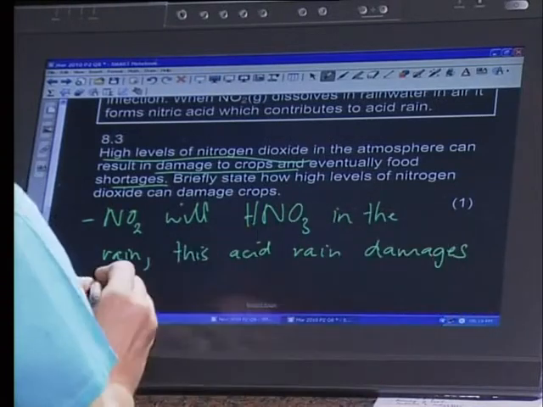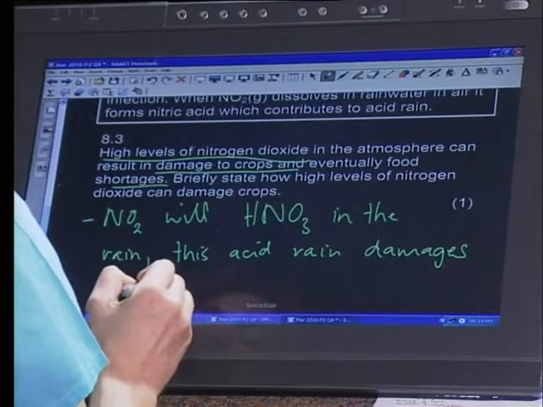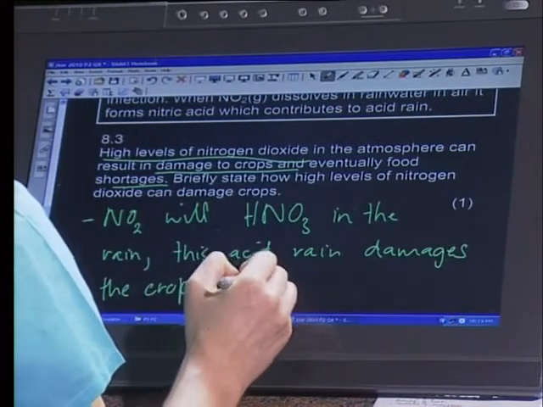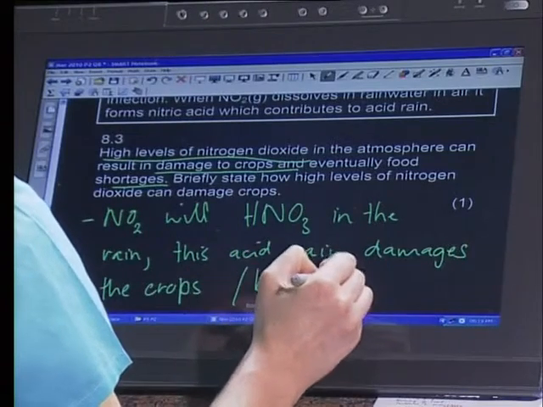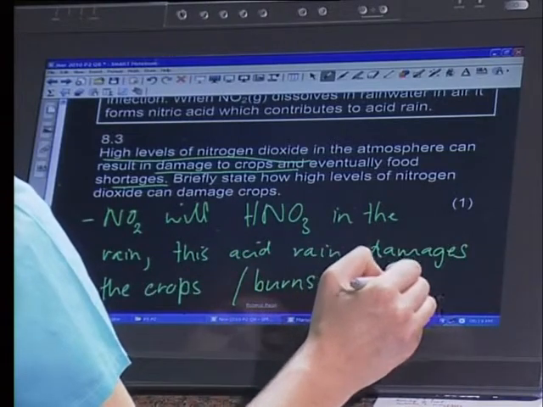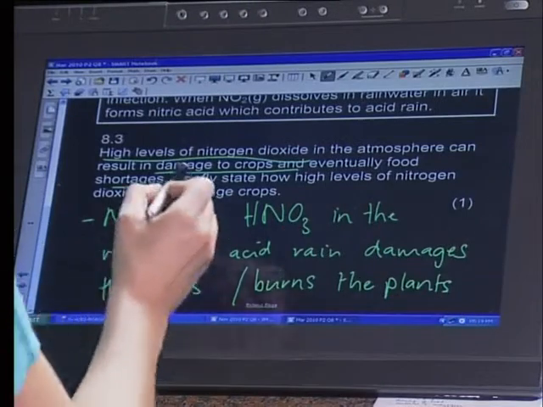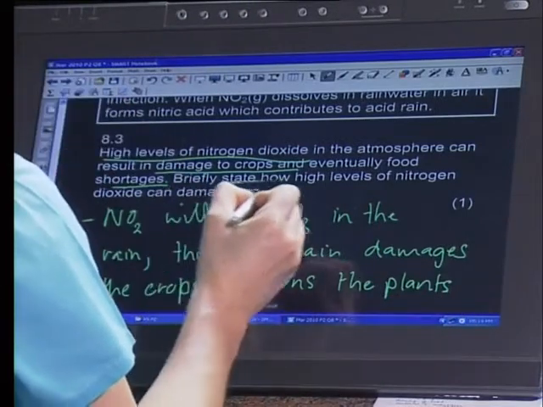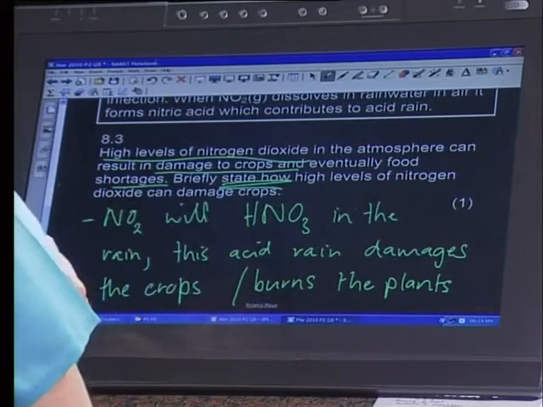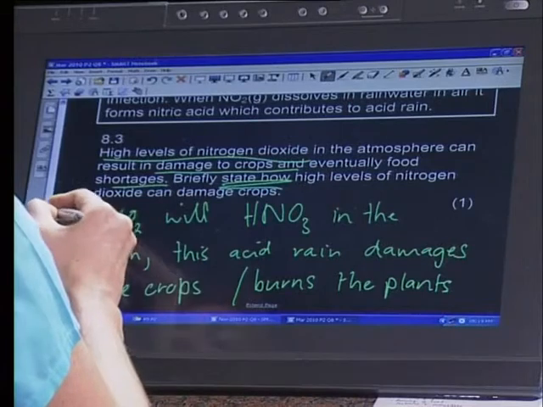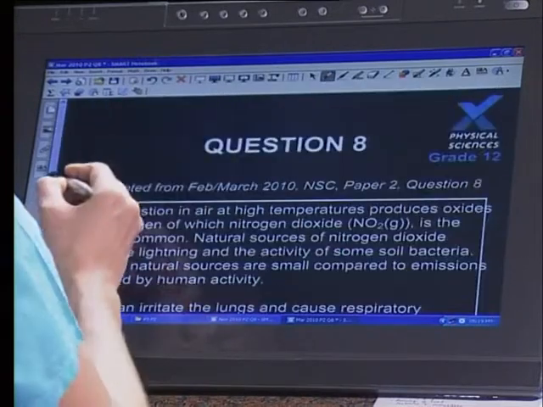So acid rain damages the crops, or you could say that it burns the plants. All right, now you'll see that the question over here asks you just to state how the high levels will affect it. So you only have to tell us what's going to happen. You don't have to go into any lengthy explanations over there with this question.